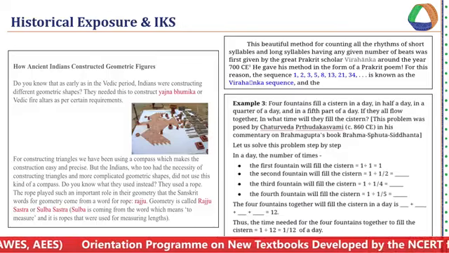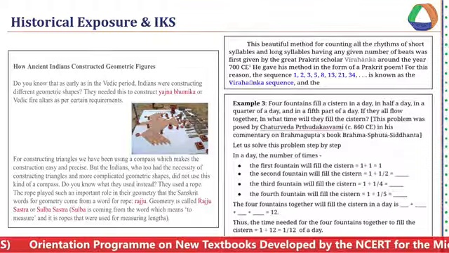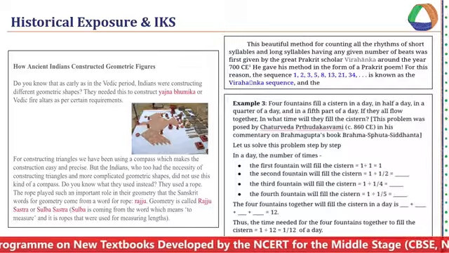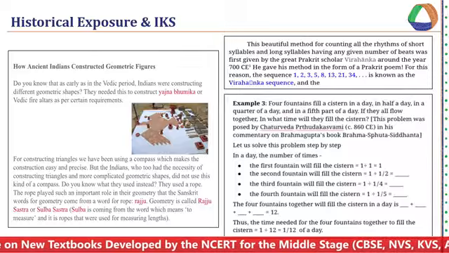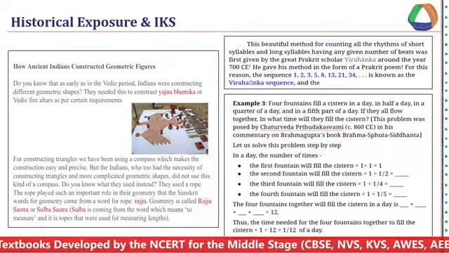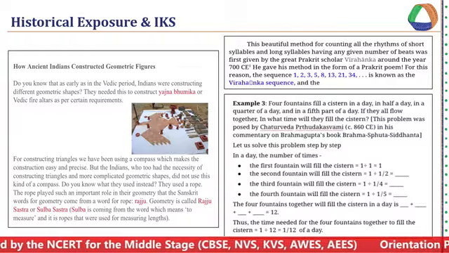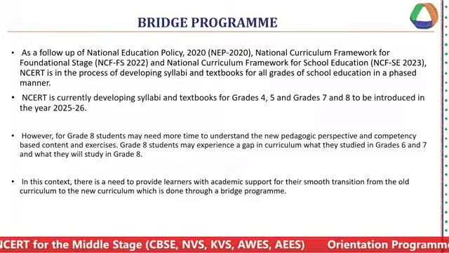And this is about the historical exposure and IKS, where we are talking about the different things which have been done in the past, and it is already on your screen. You can see that, and I think you can discuss it with your students at length about what it really means.